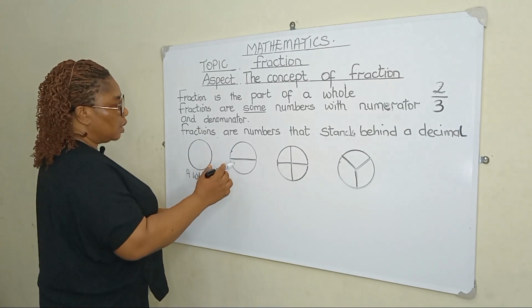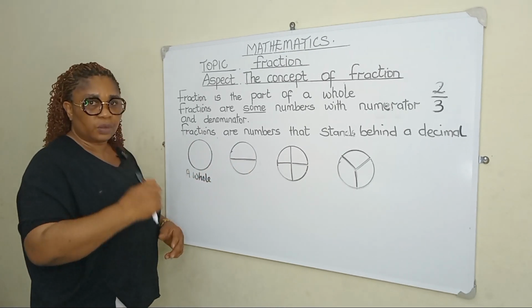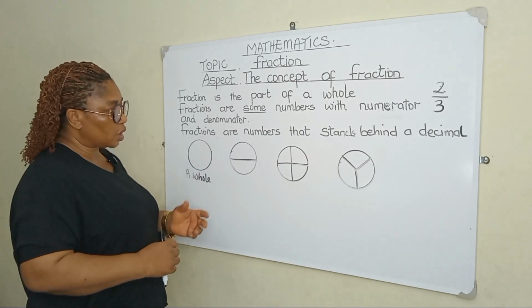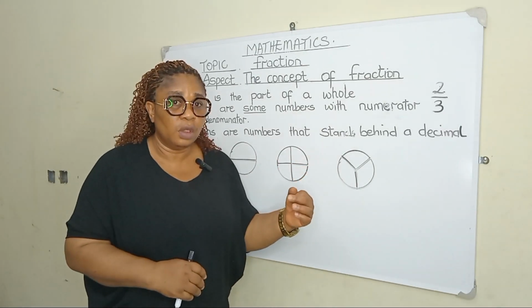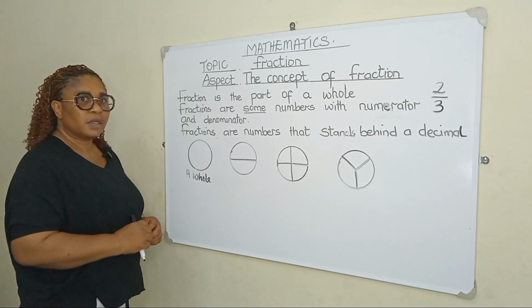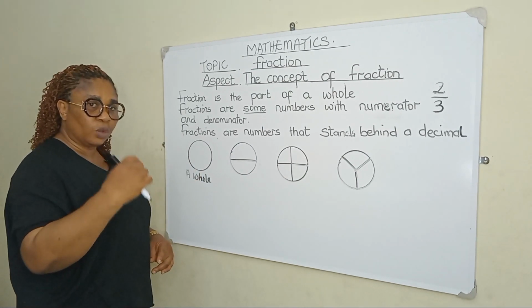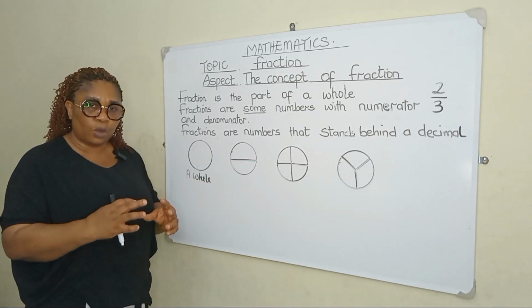This one is a whole, but was cut into two. This one is a whole, but was cut into four. And this one is a whole, but was cut into three. If you bring these cuts together, they form a whole.